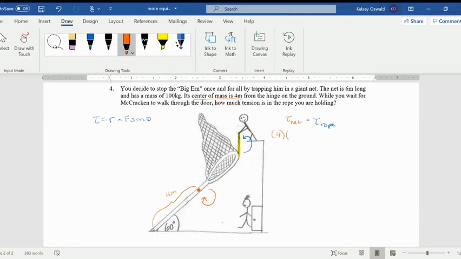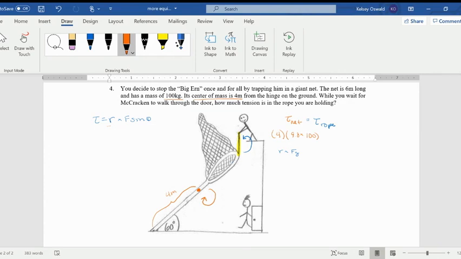So if we let go of the net, it would be the weight of the net that would carry it down. That means it would be the force of gravity of our net that would cause it to rotate. And we know force of gravity is 9.8 times our mass. It tells us our mass of the net is 100 kilograms.